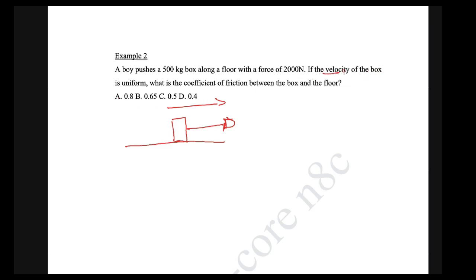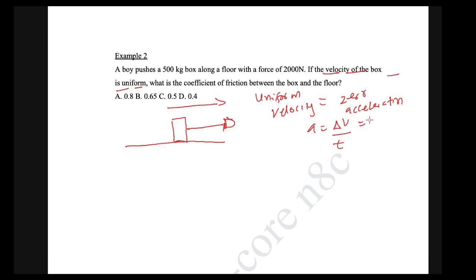Now, this is a very important concept in physics. Understand that uniform velocity is equal to zero acceleration. All right. Why? Because acceleration is change in velocity over time. So uniform velocity means that final velocity and initial velocity are the same.